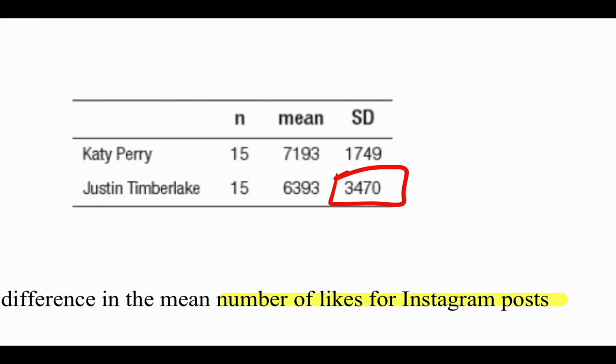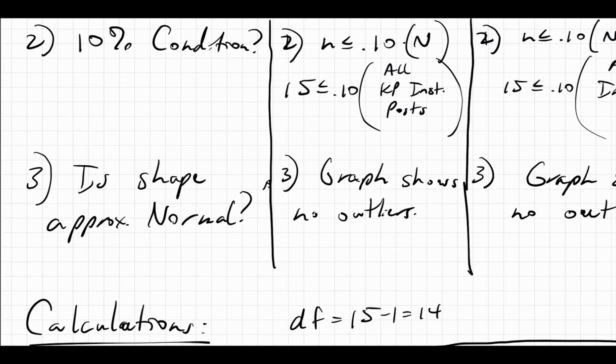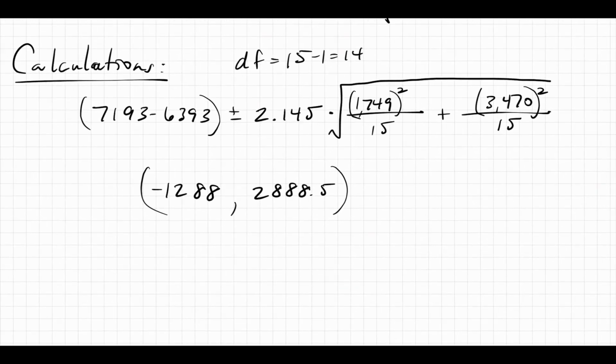That's sampling variability. I could take another sample and Justin Timberlake could have more than Katy Perry. Our interval says there's not enough difference in the samples to say that Katy Perry has significantly more. How do I know that? Because 0 is inside the interval.